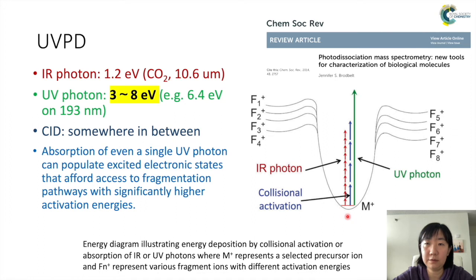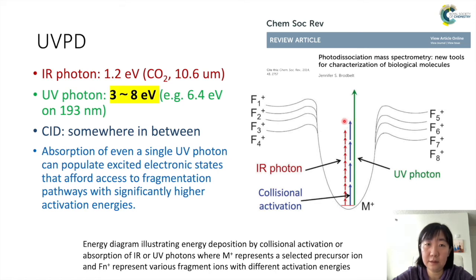M+ represents a selected precursor ion, and Fn+ represents various fragment ions with different activation energies. Because of the stepwise nature of energy deposition, both IRMPD and CID promote access to lower energy fragmentation pathways depending on the rate of ion activation.